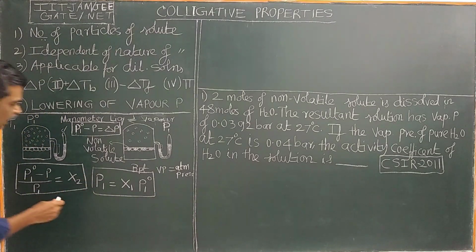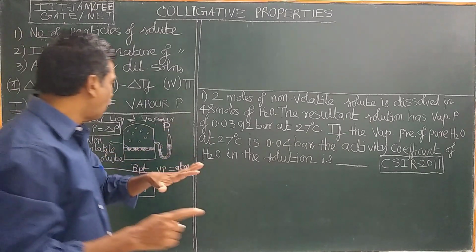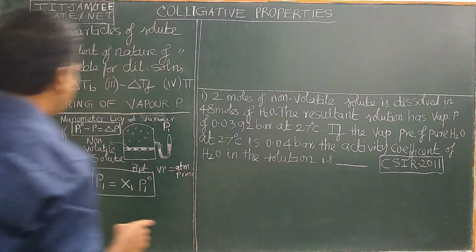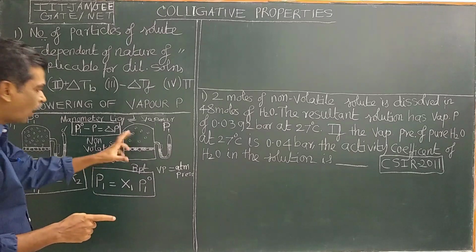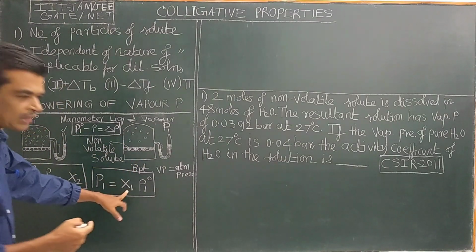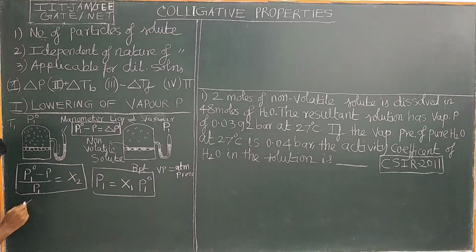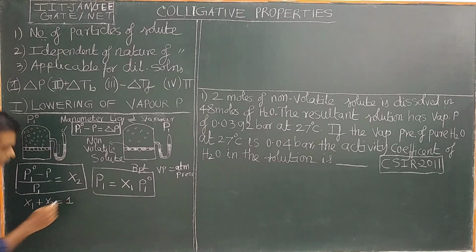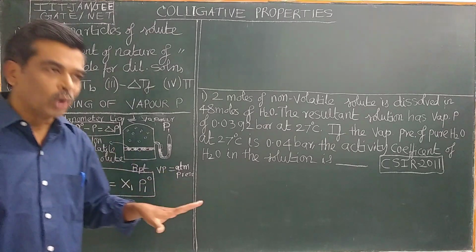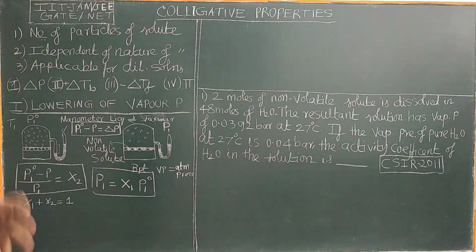Now you know that there are two components in this solution: one is the non-volatile solute, and the other is the solvent. The mole fraction of the solvent is x1, and the mole fraction of the solute is x2. The total mole fraction is equal to 1, because when you add all the fractions, you will get 1.